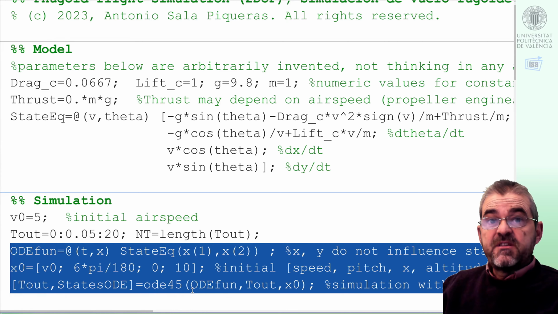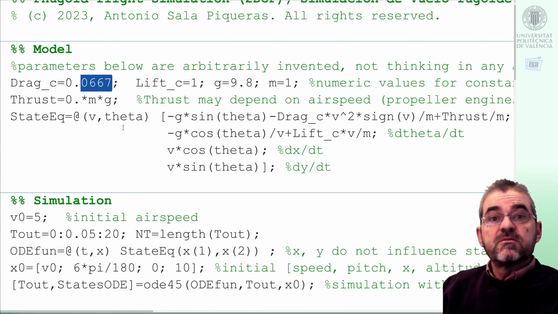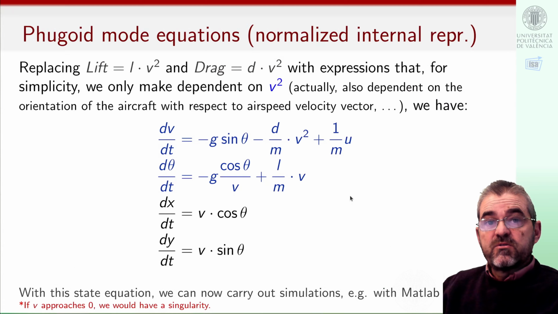The objective of this video is trying out different lift and drag coefficients and thrust to try to intuitively understand the physical meaning of these dynamics.